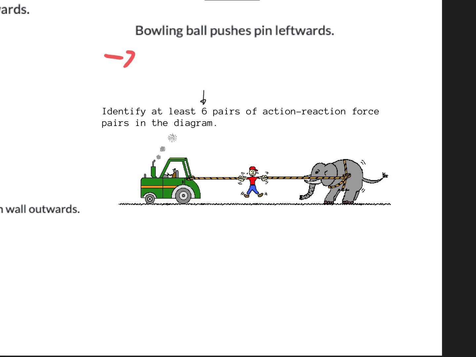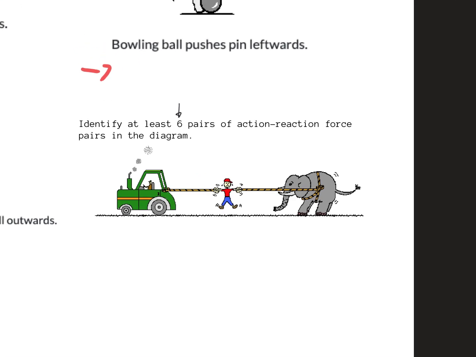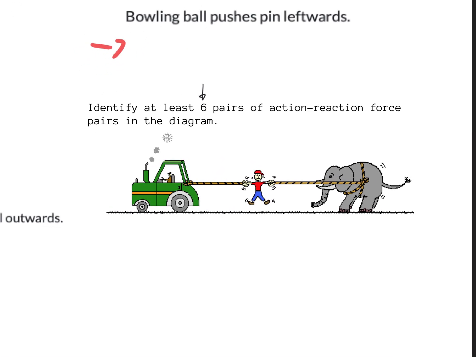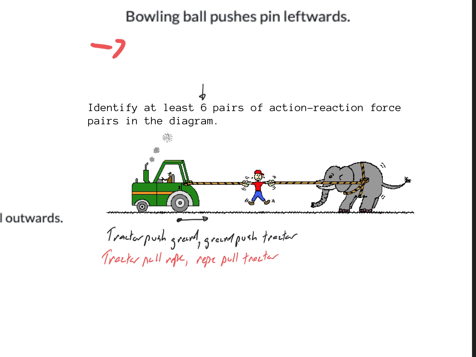I'll give you a couple. Here are the first 2: tractor pushes ground, ground pushes tractor. F12, F21 is how we would say that. Tractor pulls rope.